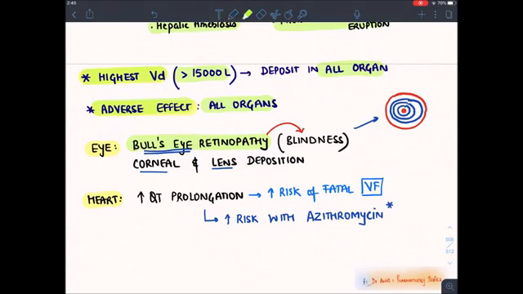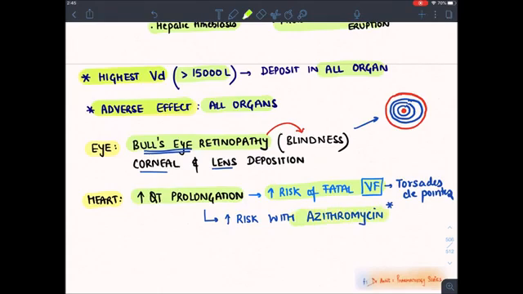On the heart, a very peculiar side effect you have to remember is that it causes QT interval prolongation, which increases the excitability of the heart, and it will lead to fatal ventricular fibrillation like torsades de pointes. It increases the risk of torsades de pointes. Hence, chloroquine should be avoided with other drugs which also lead to torsades de pointes or QT prolongation.